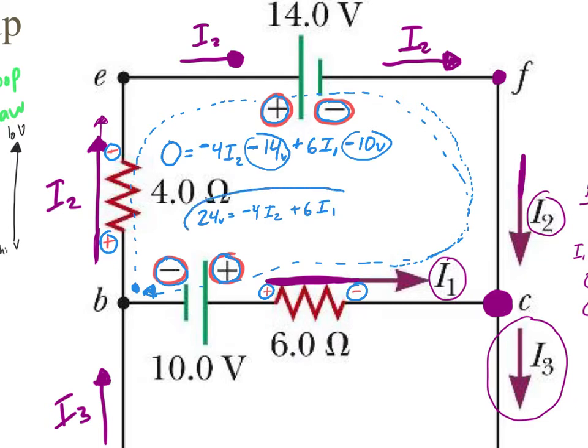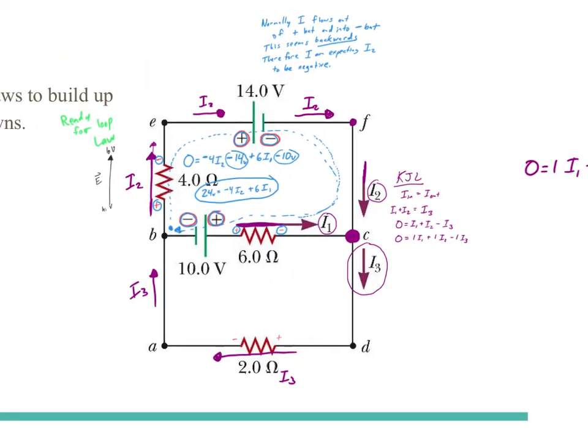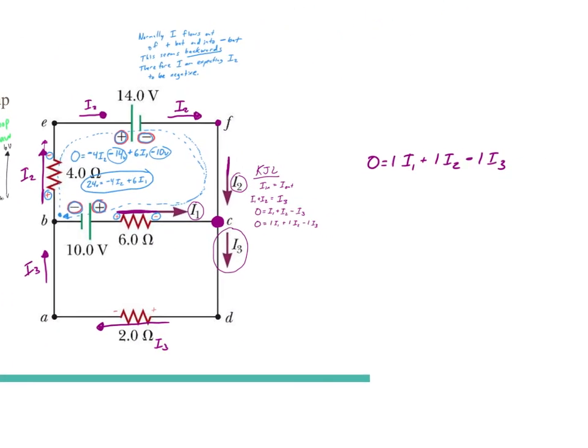I'm going to take this result and I'm going to bring it all the way over to my listing area. 24 is equal to, what's the I1 term? The I1 term is positive 6 I1. I2 is negative 4 I2. And it has no I3 term. So 0 I3.